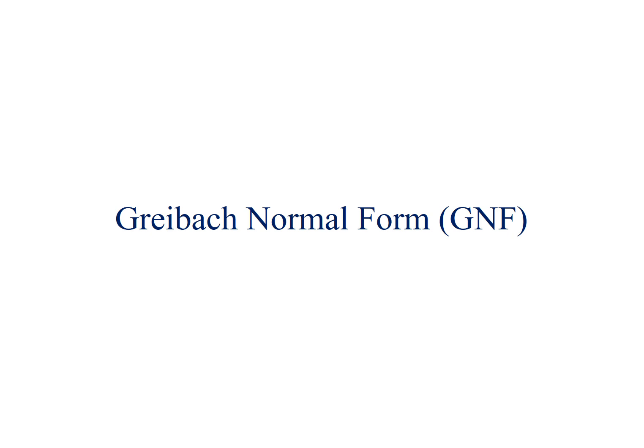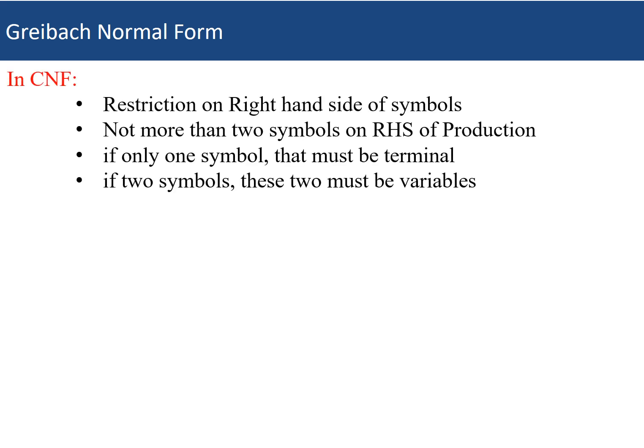There are two normal forms. One I have already discussed in the previous video, Chomsky Normal Form, or shortly called CNF. Before moving to the in-depth definition of Greibach Normal Form, let us understand the difference between CNF and GNF.